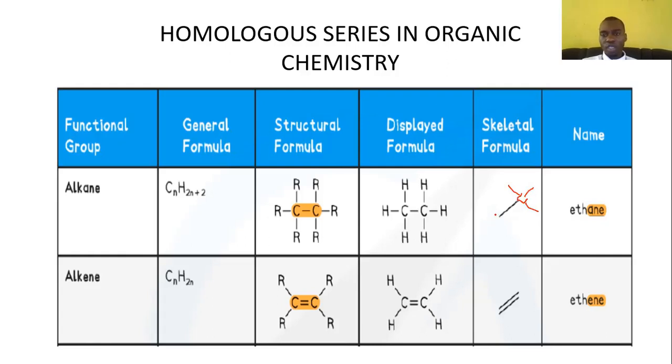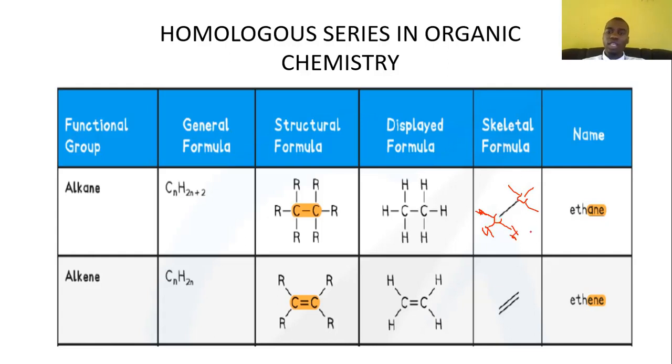Also this side, there is a C, which will also have 1, 2, and 3. So these ones here just represent the hydrogen. That is the rule that you should follow about the skeletal.